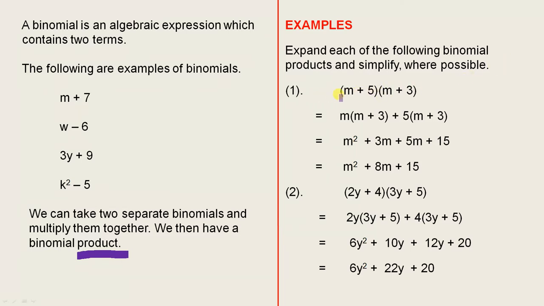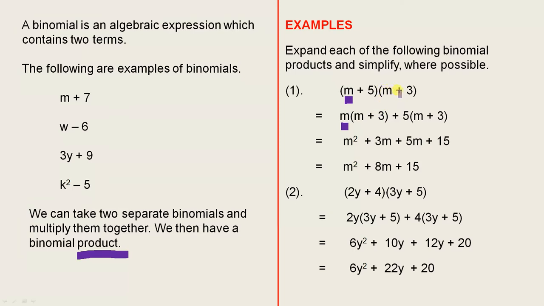So in example 1 we have m plus 5 multiplied by m plus 3. That's a binomial. That's a binomial. They're multiplied together, and that's why they're called binomial products. So the first m here, we put it there, and we multiply it by m plus 3.